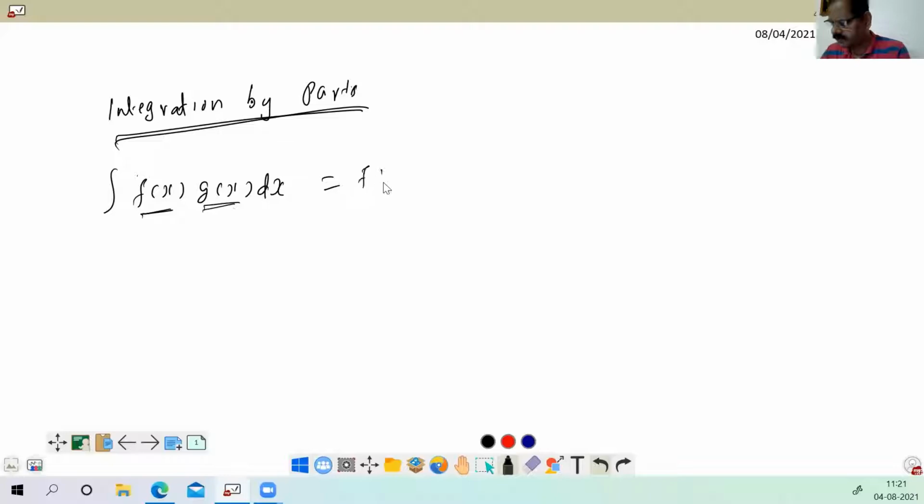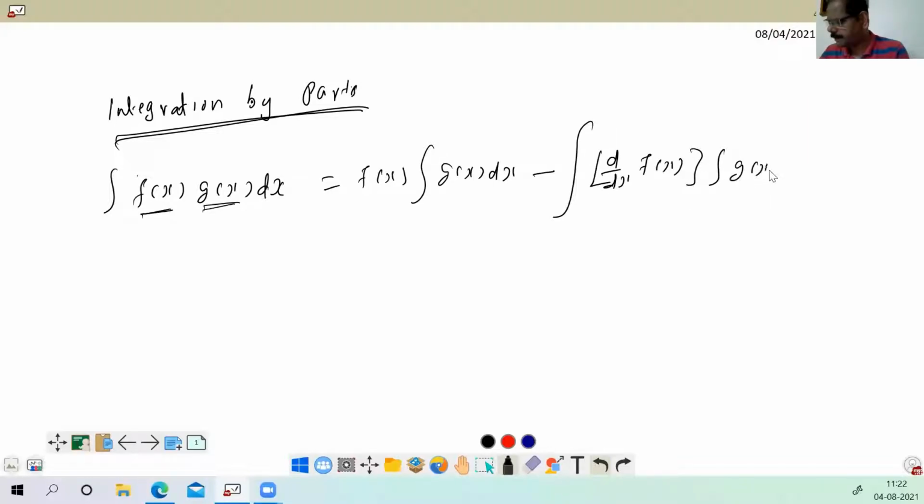So first function f of x into integral of the second function, minus integral of the derivative of the first function, d by dx of f of x, into again the integral of the second function, whole into dx. This dx is for this integral. This dx is for this integral. So this is the rule.